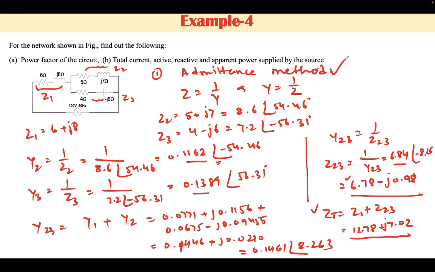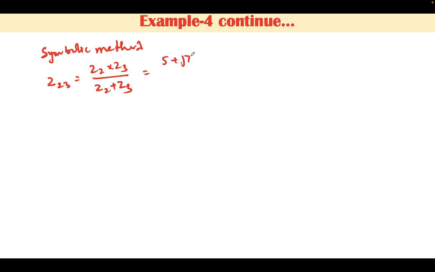However, the same can be solved by using the symbolic method. In the symbolic method, we are not going to convert Z into admittance. Here we are finding out Z23 directly, which is equal to Z2 into Z3 divided by Z2 plus Z3, simply taking the parallel combination of impedances. Here it is 5 plus j7 into 4 minus j6 divided by 9 plus j1.